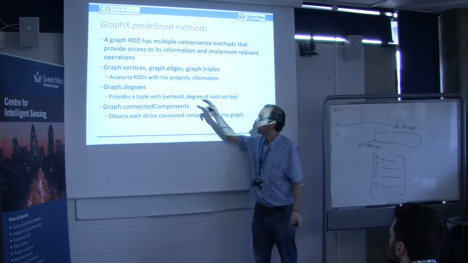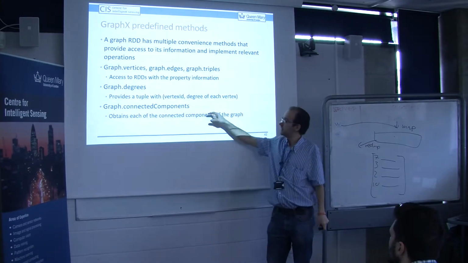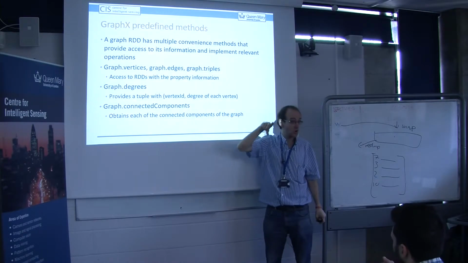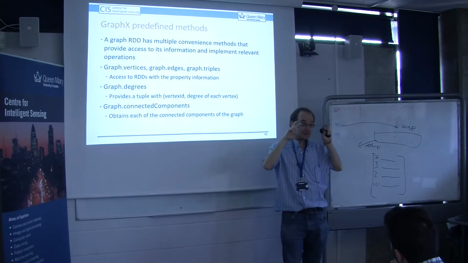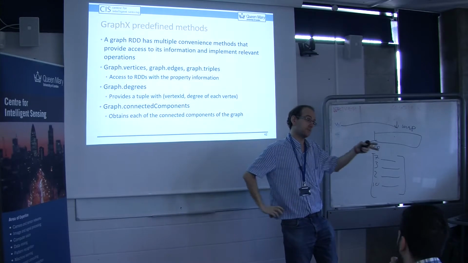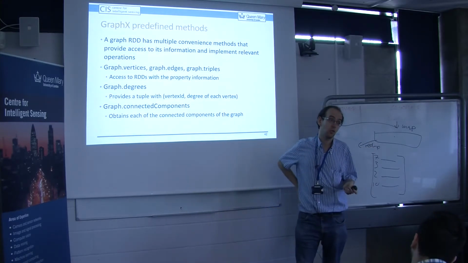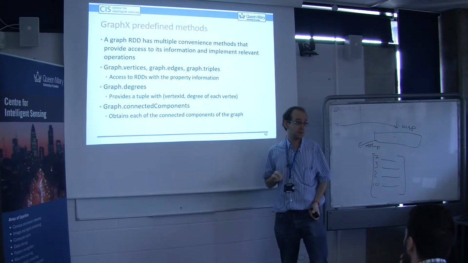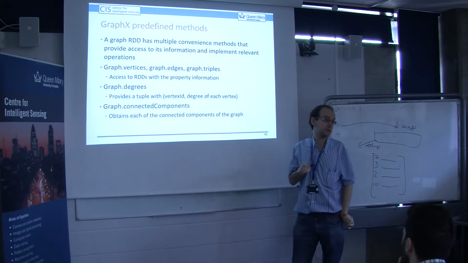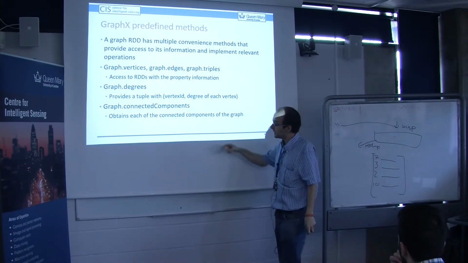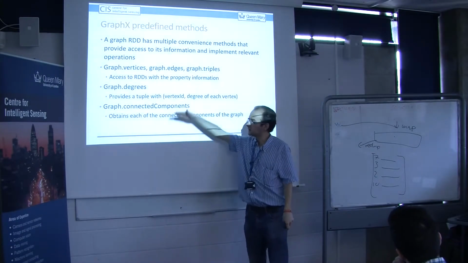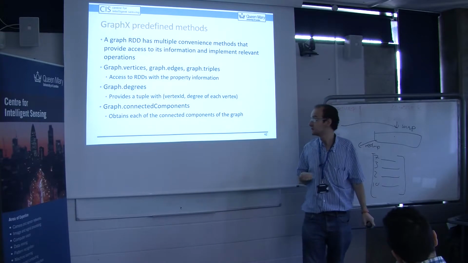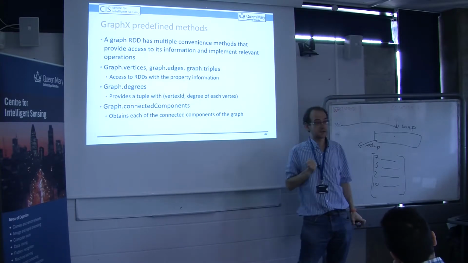And if we then find out the maximum of this list, for instance, we will pinpoint who is the best connected user from my network, without having to go to Pregel and implement any type of more tricky computation. There are also quite a few predefined classic graph algorithms that are implemented on GraphX. Connected components is one example.